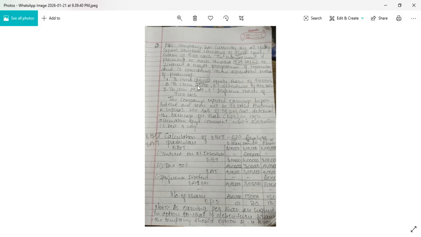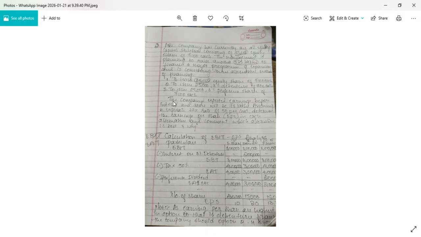Then second option, to issue 25,000 8% debentures of rupees 100 each, which means entire 25 lakhs they are issuing in the form of debentures. In the third option, to issue 25,000 8% preference shares of rupees 100 each. Entire 25 lakhs they are issuing in the form of preference shares in third option.